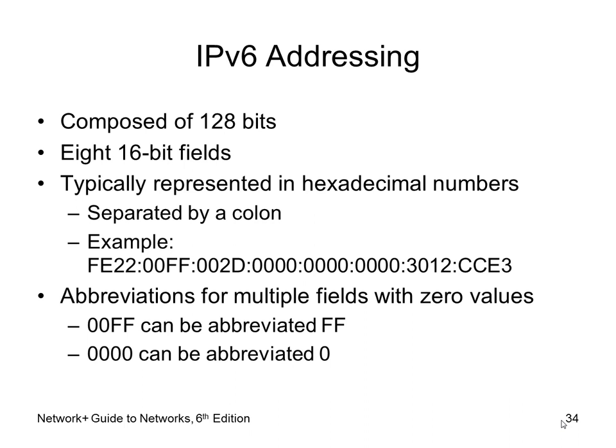You can abbreviate them, so I could actually abbreviate this as FE22:00FF:002D:3012:CC3E3. What happens is if you put 2 colons next to each other, what that means is it's a bunch of zeros. There's 8 sections, 1, 2, 3, 4, 5, 6, 7, 8.